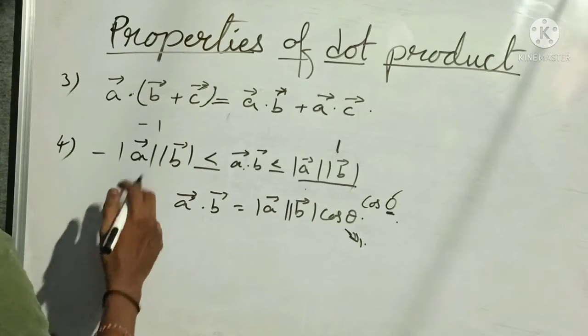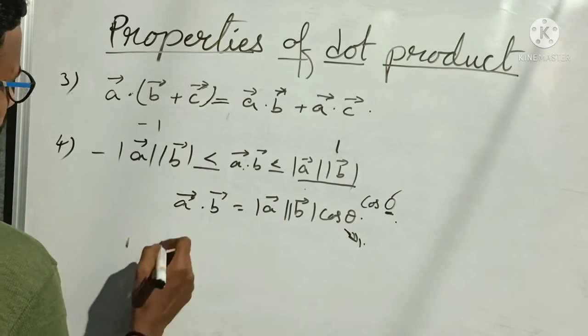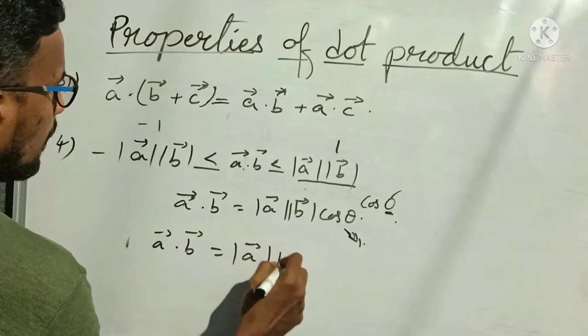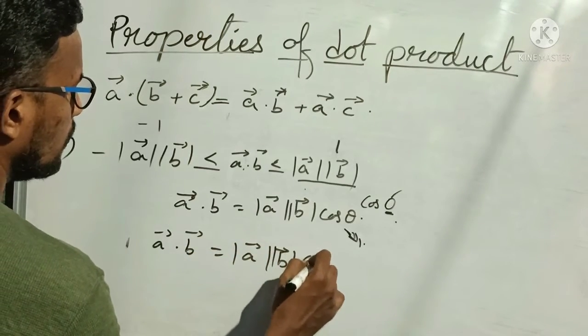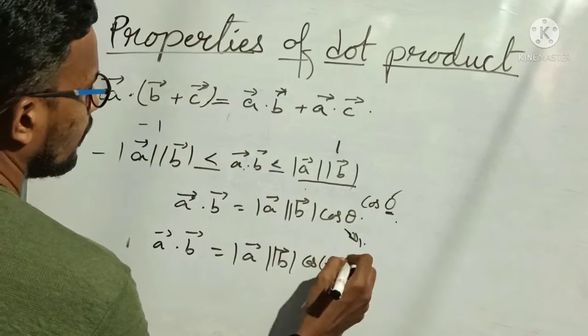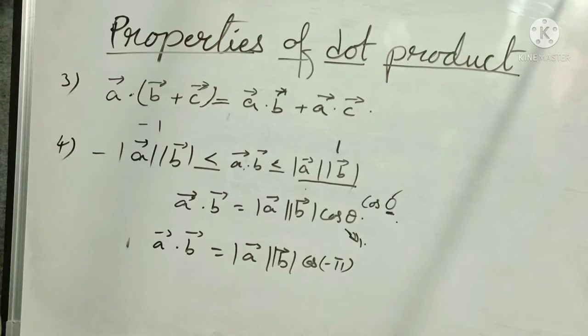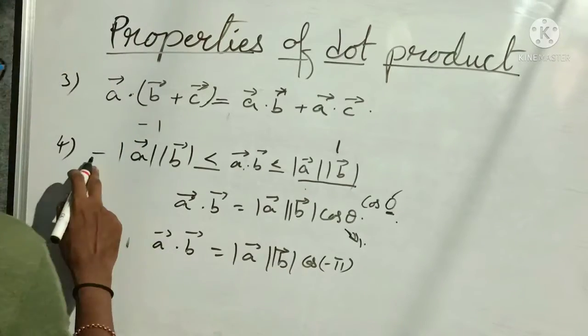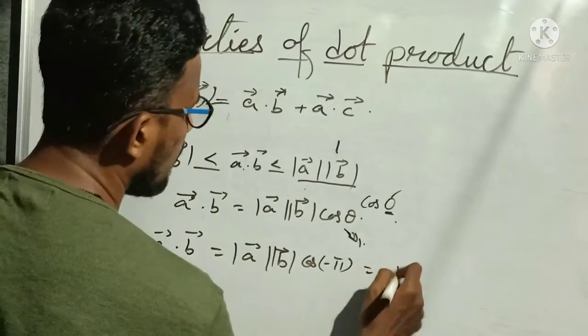Understood? Why? Because here a bar dot b bar is equal to mod a bar into mod b bar into cos of, suppose, pi. This is also cos pi, minus cos pi, right? That is minus of a bar dot b bar. This is minus 1.